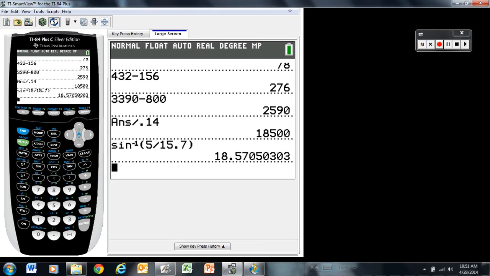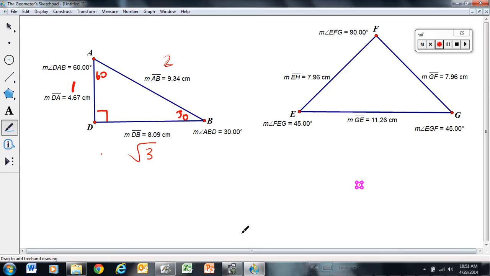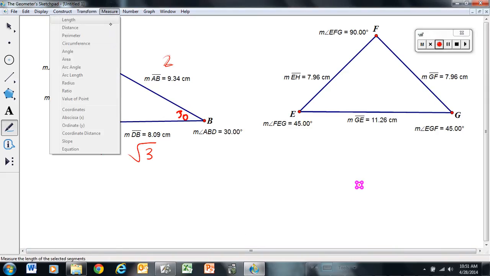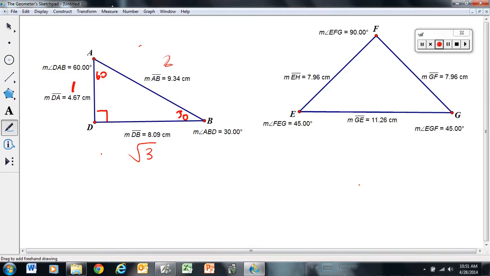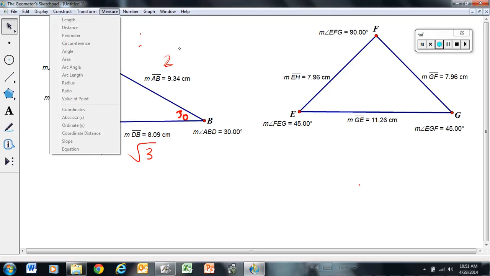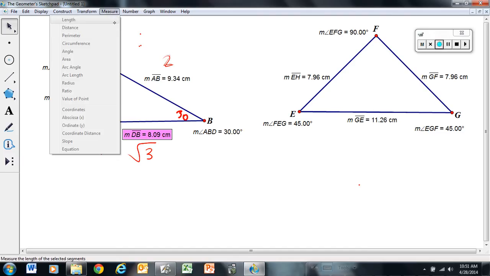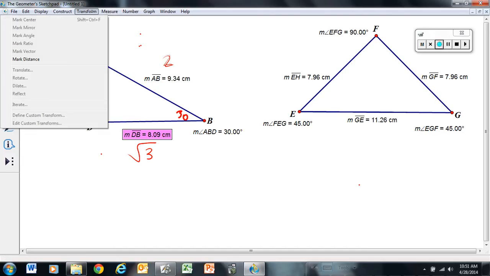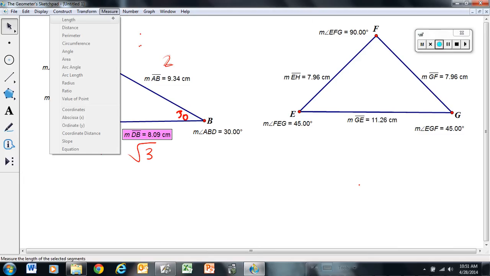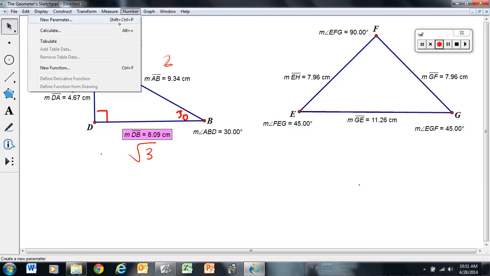If I go to measure, calculate. Oh, they changed it on me.